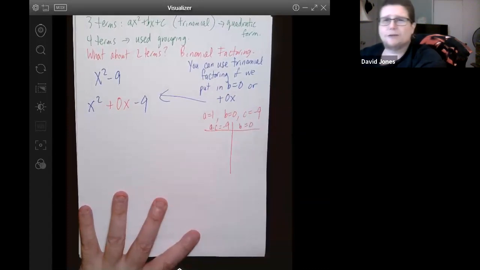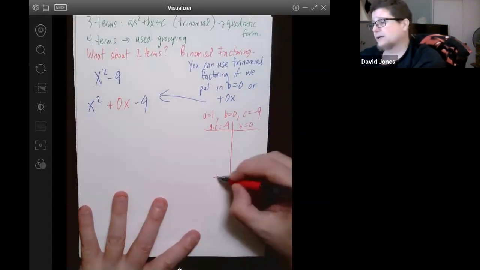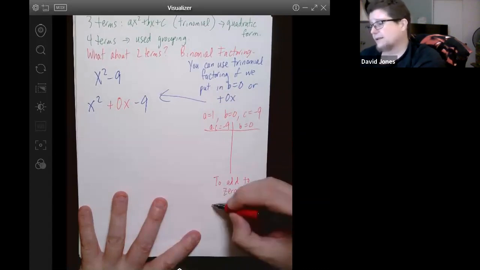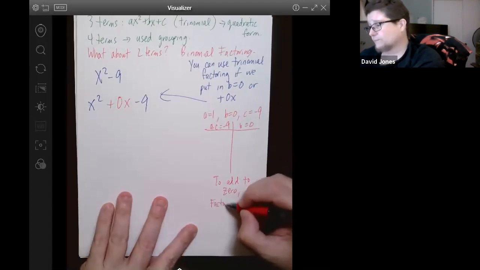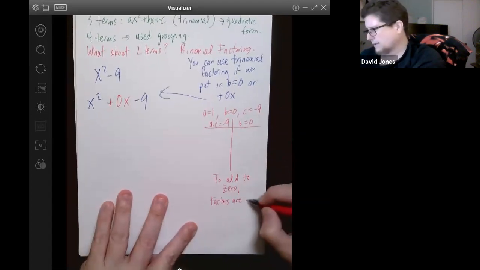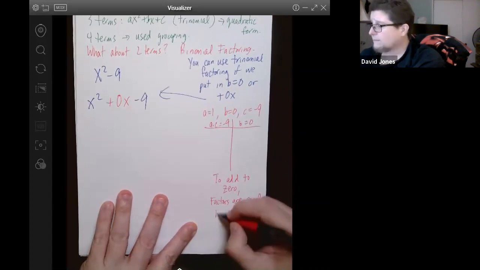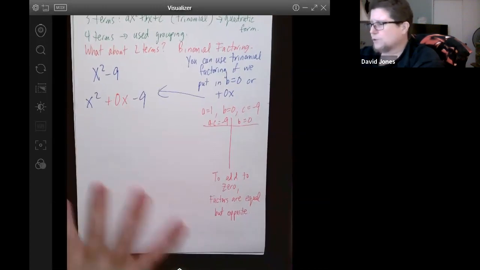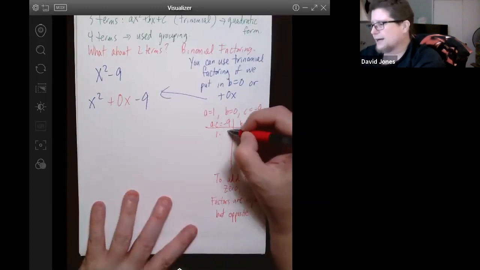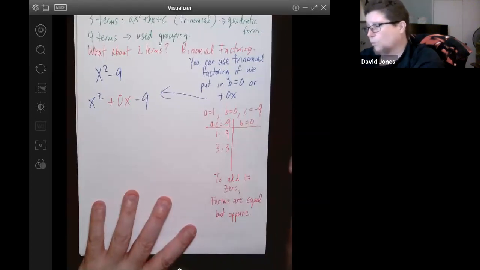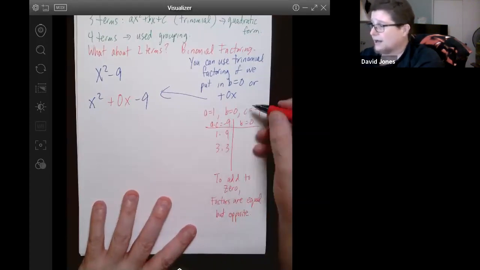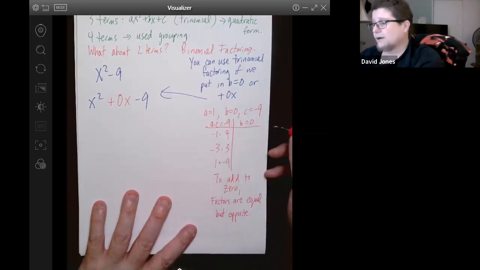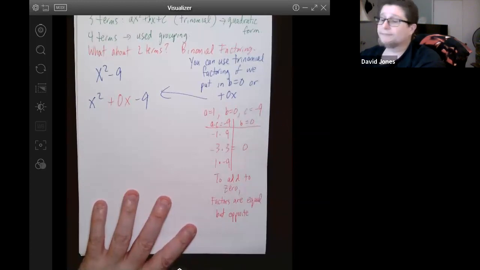The only way 2 numbers add to 0, they have to be equal and opposite. The factors are equal but opposite. And we know 9 is either 1 times 9 or 3 times 3. One of these has to be a negative. I guess we could have done +1 and -9. But the middle one is the only one that adds to 0.